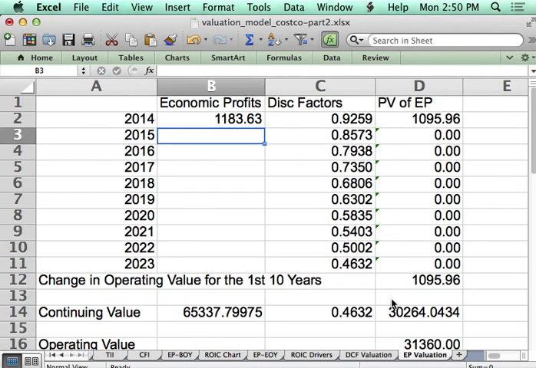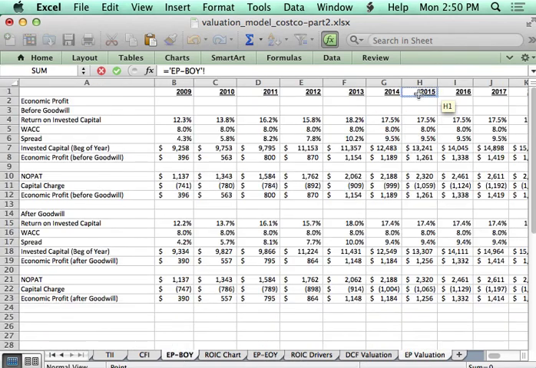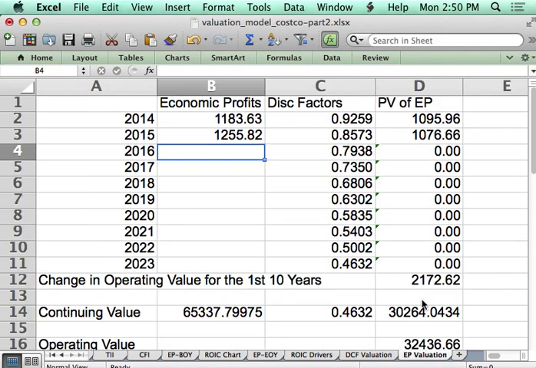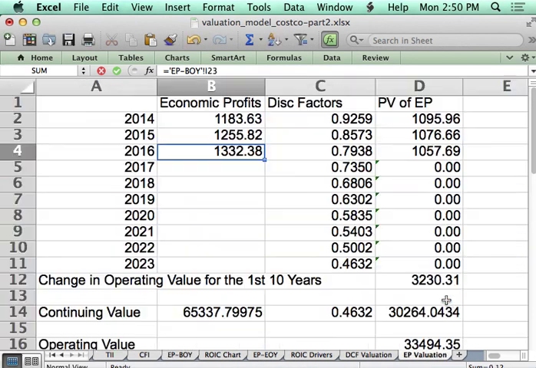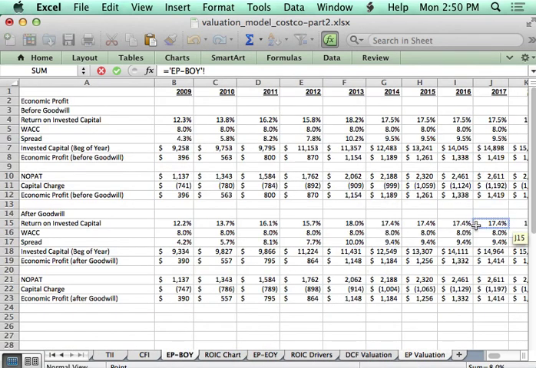That's my forecast for 2014 economic profit. 2015, EP BOY. Do not use the EOY. 2015, H23. 2016, EP BOY, I23. 2017, EP BOY, J23.